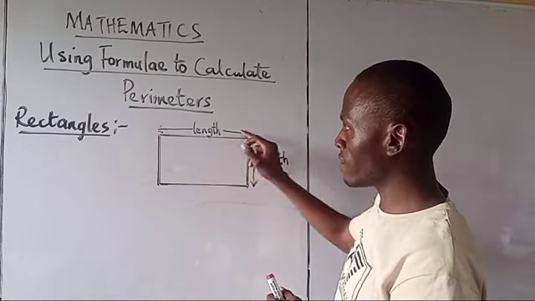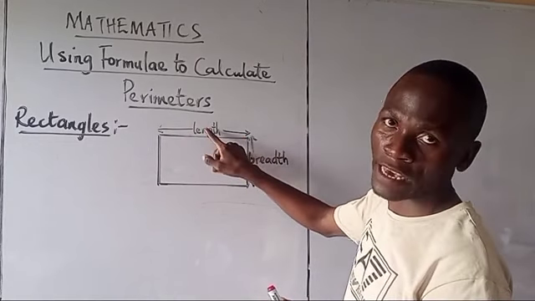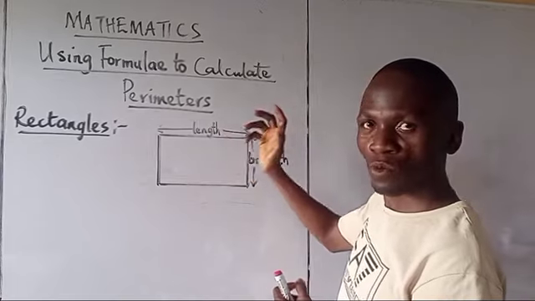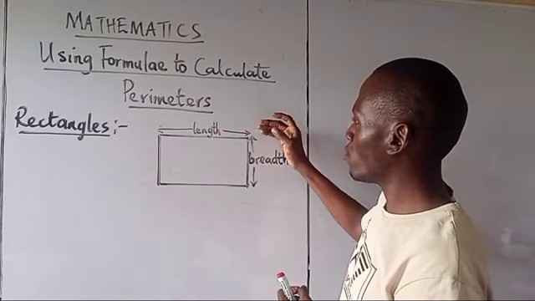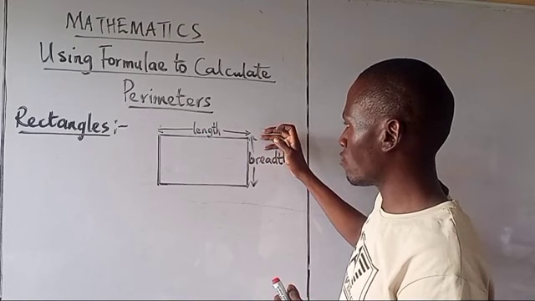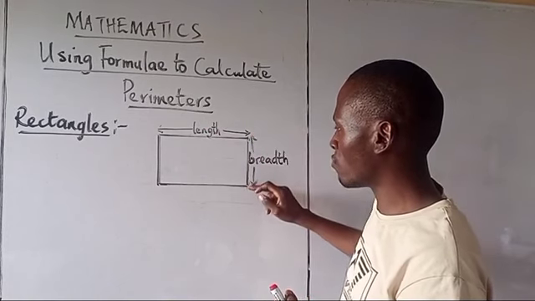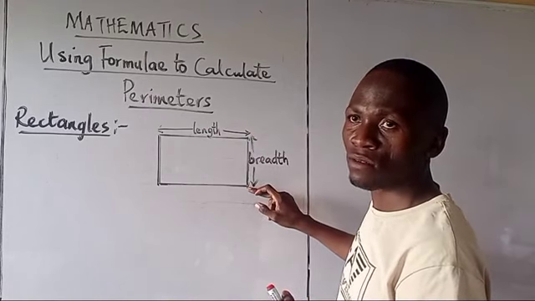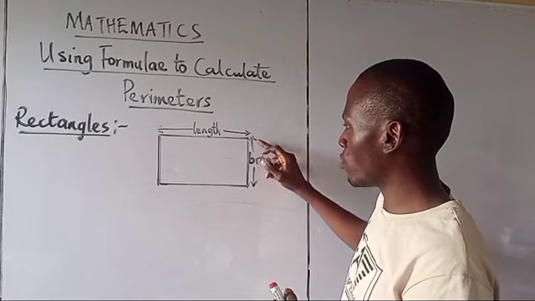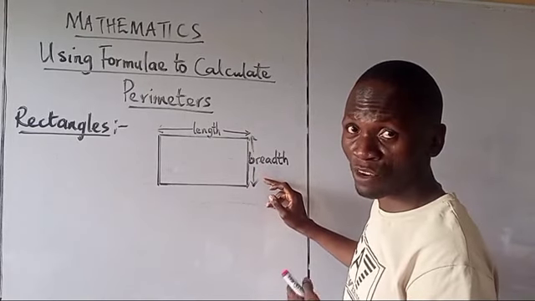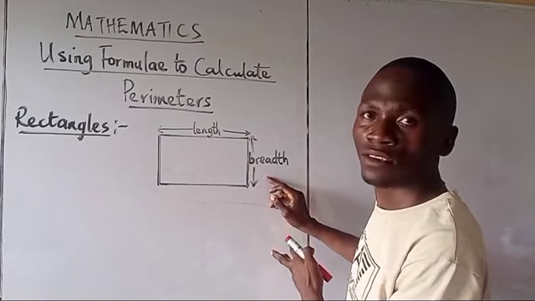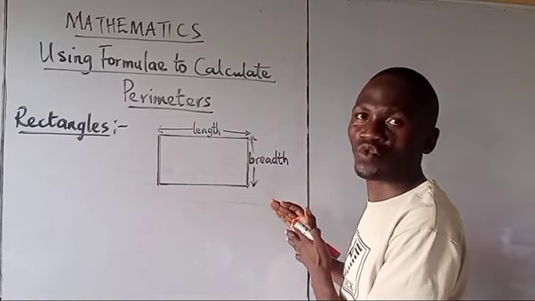In this case, that is what we refer to as the length here. We'll take note of that reading. Take our ruler again, measure from this vertex to this vertex. That is the edge we refer to as the breadth. We take note of that reading too.